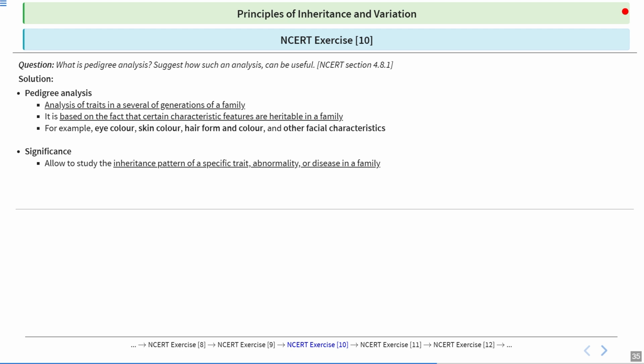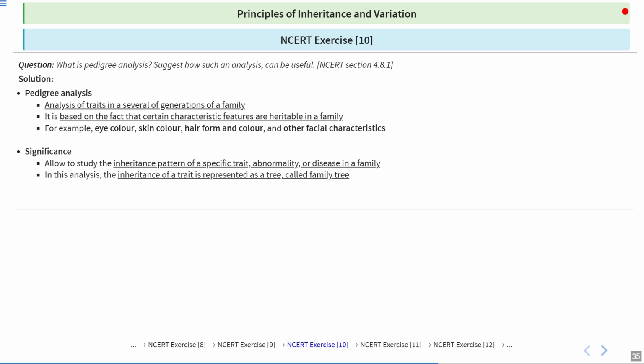Is that gene following a dominant pattern? So we talked about the inheritance patterns such as autosomal dominant, autosomal recessive, and then sex-linked inheritance pattern. So pedigree analysis gives you this information: how that trait, gene, or disorder is being inherited. What is the pattern? Whether it is being inherited from mother to the sons, or from father to the daughters.